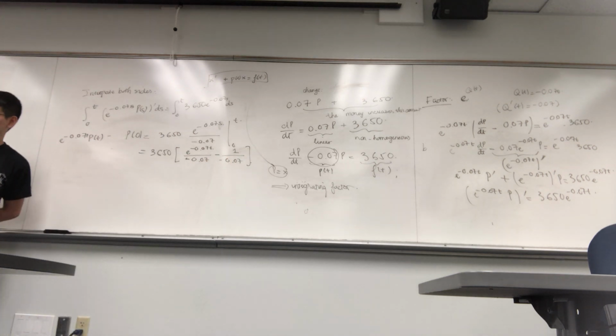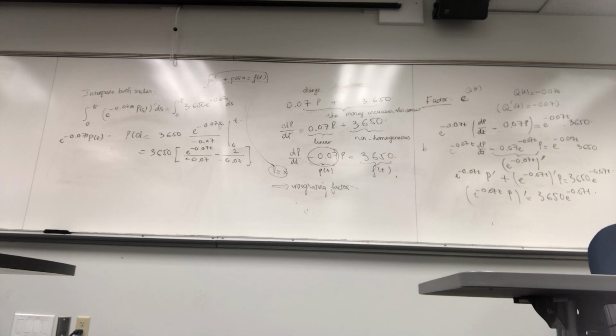All right? Yes? When you integrate both sides, I had a question. So that top equation there, when you're integrating from 0 to t on the left side, is the derivative of the integrand the derivative with respect to s or the derivative with respect to t? With respect to s. Yes.